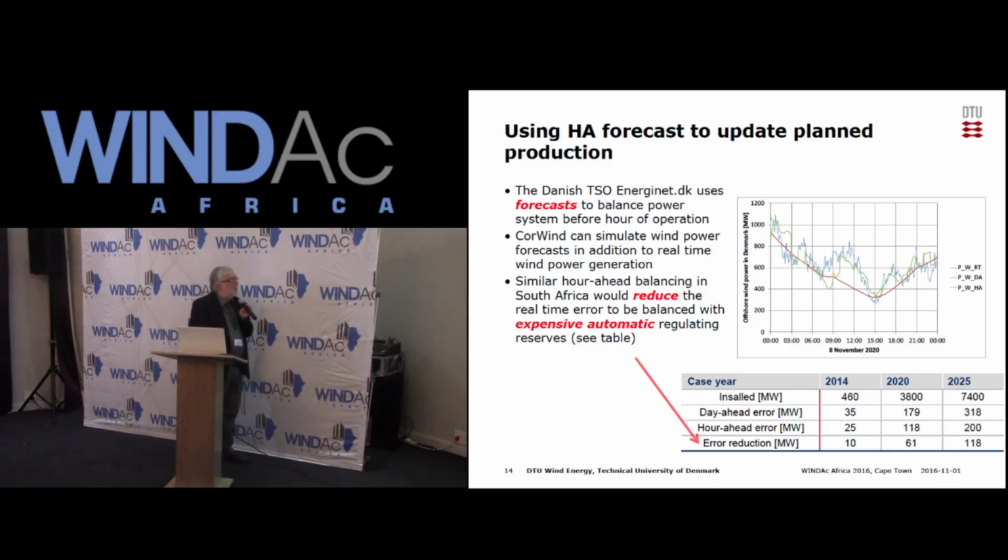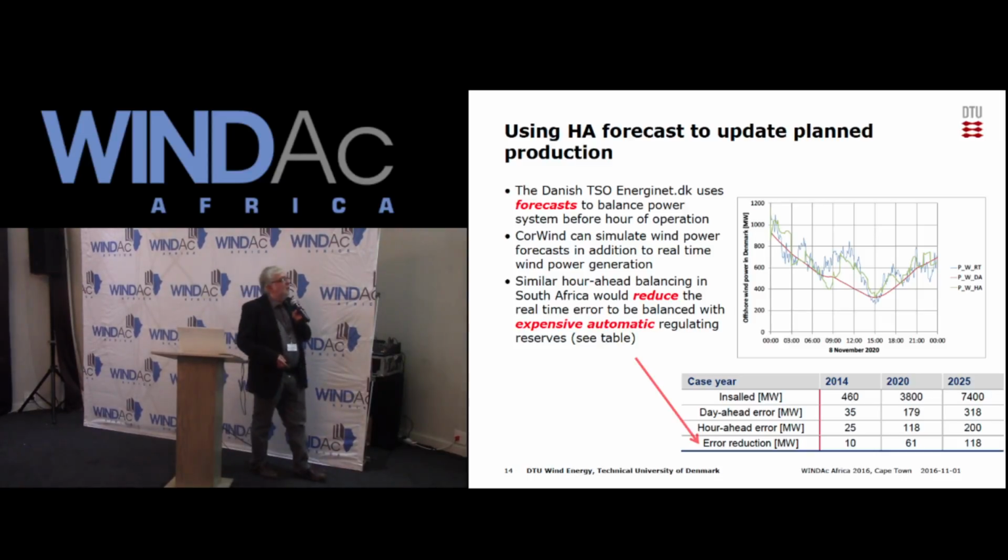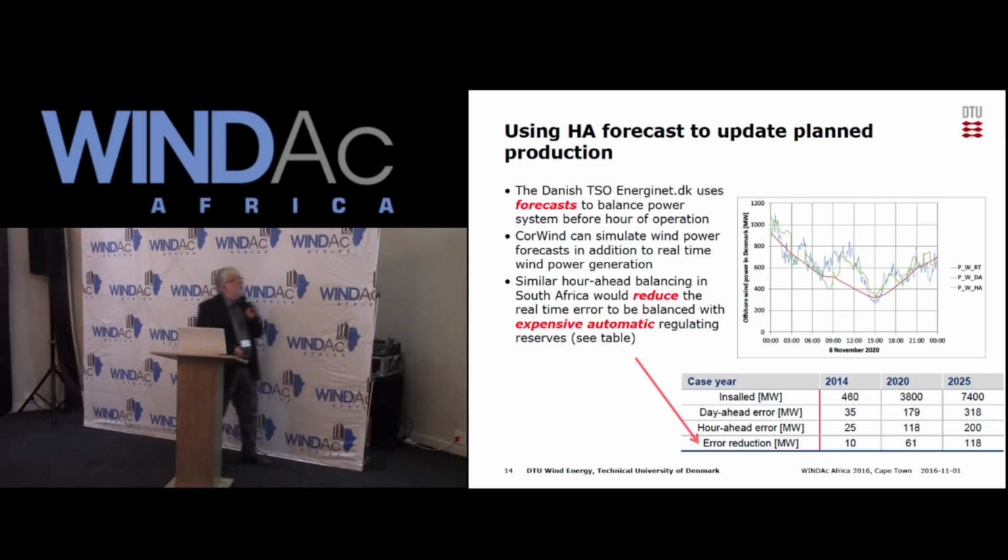But I have to say, we probably underestimate it in this case, and we are doing some improvements right now also on the Core Wind software. But the point is that you can actually have a very significant, and in reality higher than this, I think, reduction of the real-time error you have in the system if you make this hour-ahead balancing in your system.